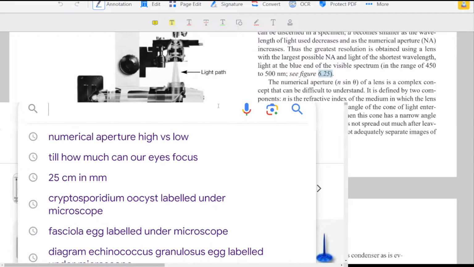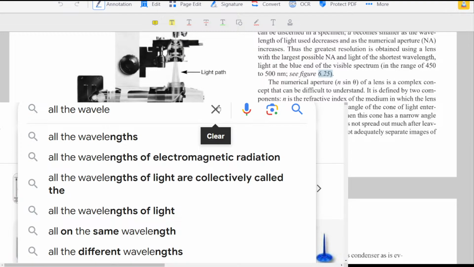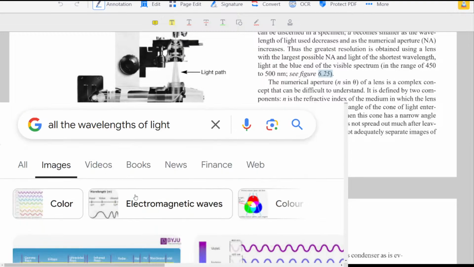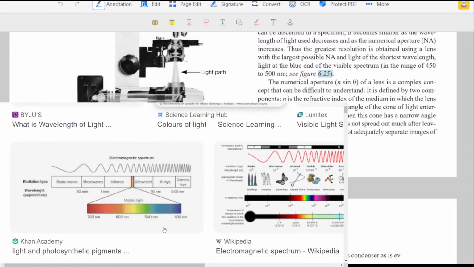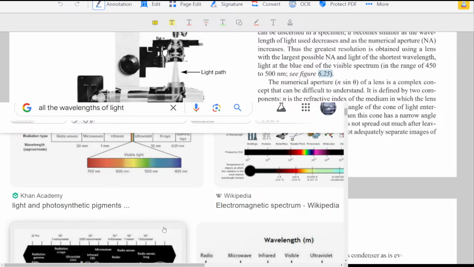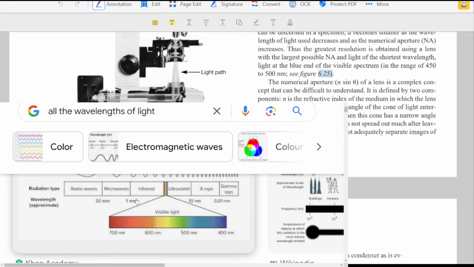So, all the wavelengths of the light. Blurry images, I don't know if we can see it here. I think this one is pretty normal.